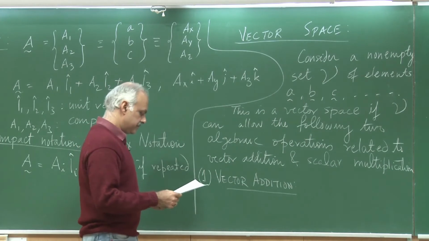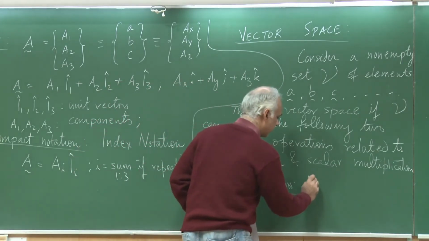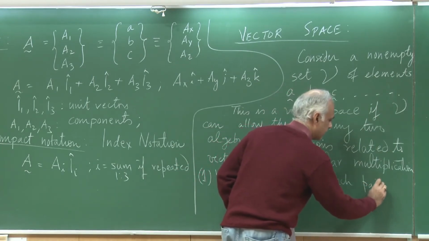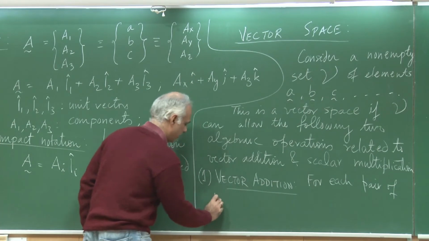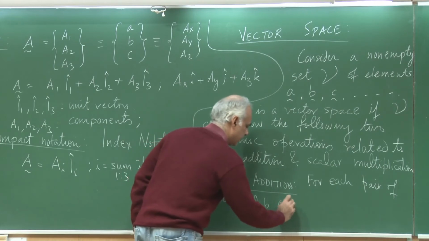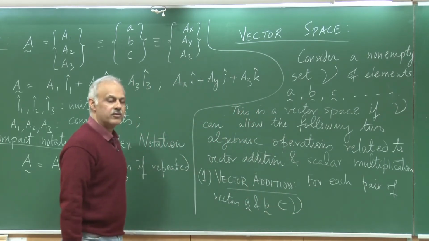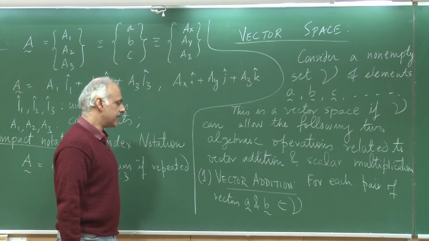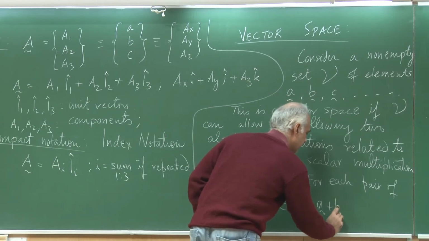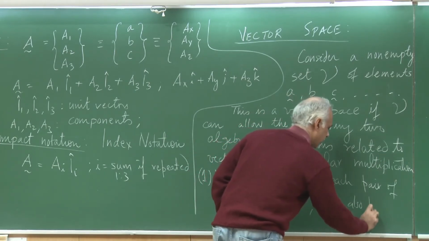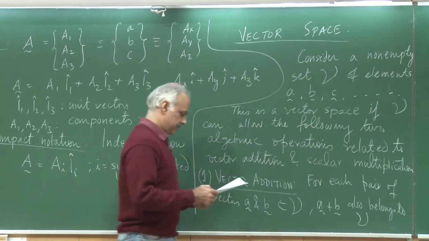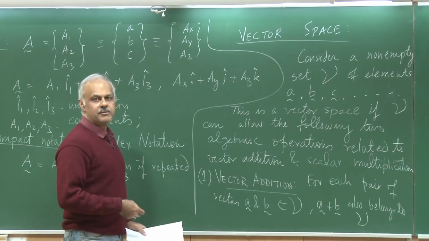It's very simple. So if I have a pair of vectors, so for each pair of vectors A and B that belong to the set V, so I can choose any two vectors arbitrarily, A plus B also belongs to V. So very simple.